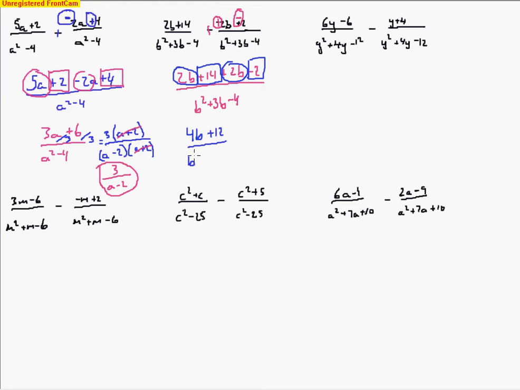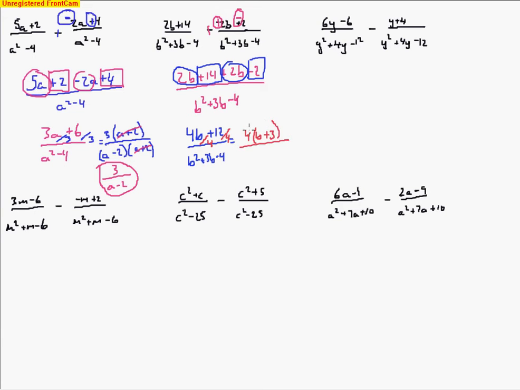Down below we have that b squared plus 3b minus 4. We're going to factor out the common factor here. I see 4 goes into each of these terms, so put the 4 on the outside of the parenthesis, do the division, and see what's left over. We get a b plus 3.